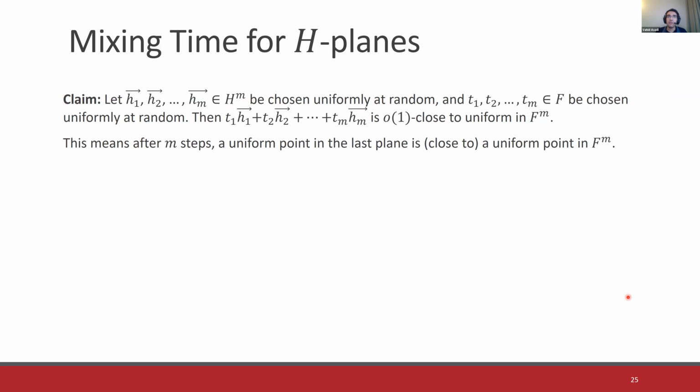This basically means this sequence represents a uniform point in the last plane when you do this sampling for m steps, where remember m was the number of variables in this Reed-Muller setting. So after m steps, we are reaching a point in the last plane which is close to a uniform point, and this is very good.